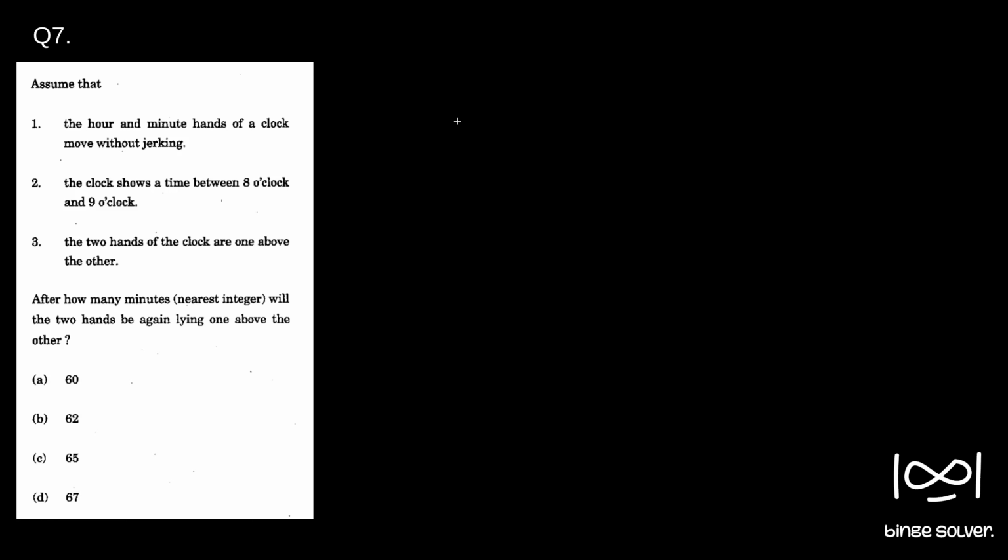So the information given is, if this is the clock, and this will be 9 o'clock, and this will be 8 o'clock.